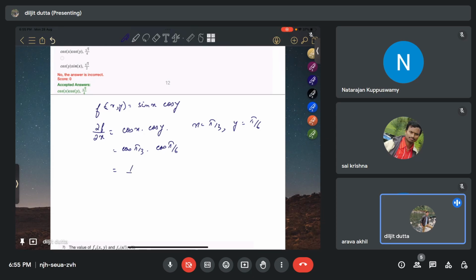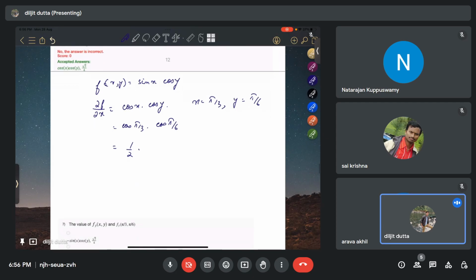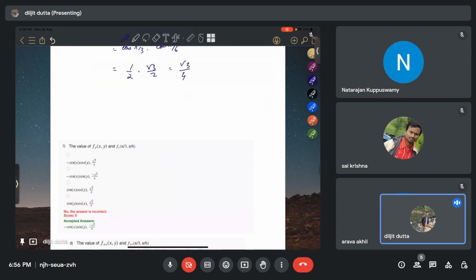Cos 60 is half, and cos 30 is root 3 by 2. So it is equal to root 3 by 4.